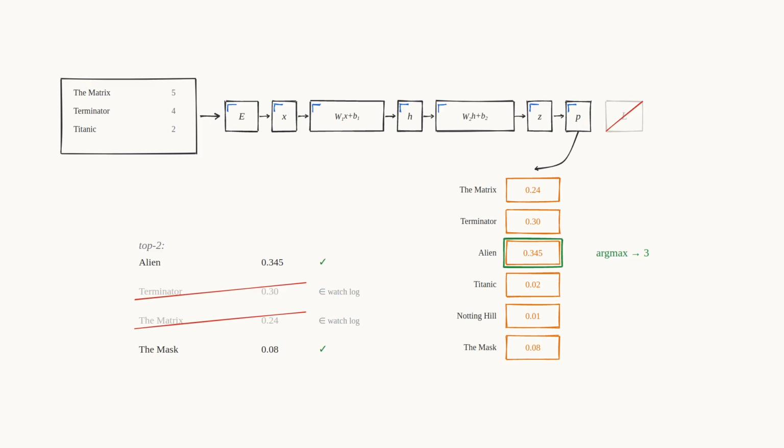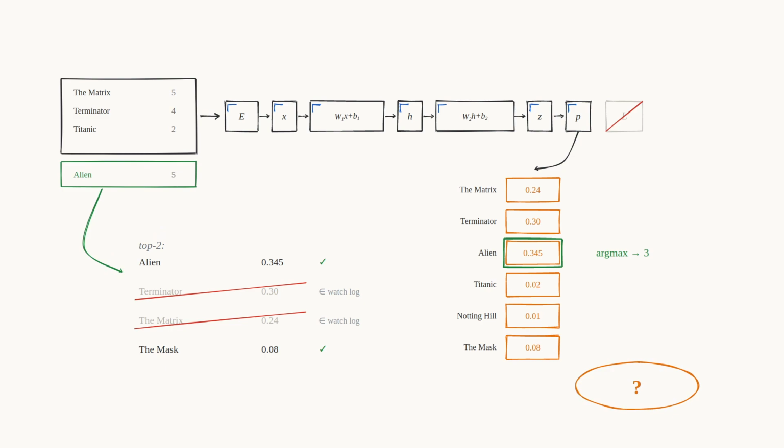First, Alien. Next by chances is Terminator, but it's already been watched, skip. The Matrix, likewise. Take the next one, the Mask. The shelf, Alien and the Mask. Excluding the watched is a technical detail in picking the best. Skip the numbers from the user's history, that's all. And he really did watch Alien, we know that from the log.